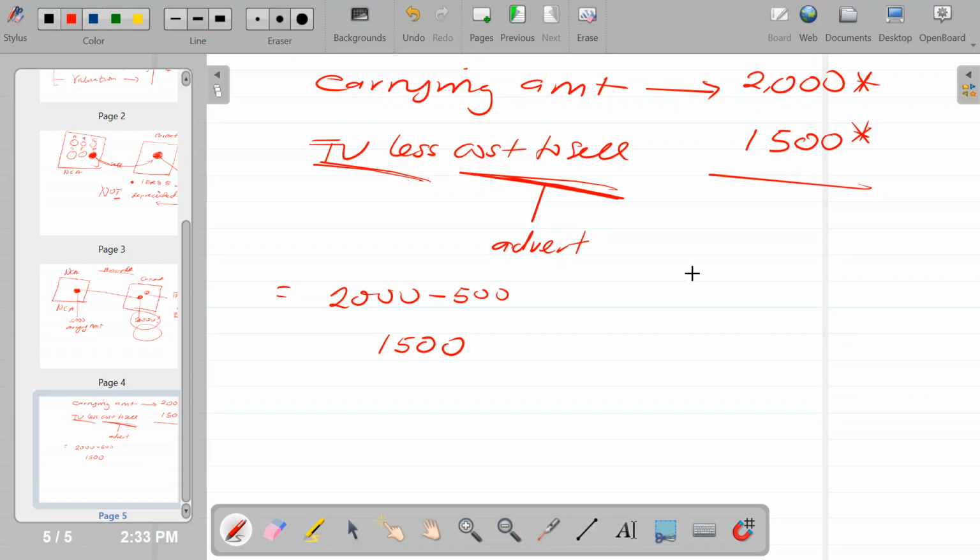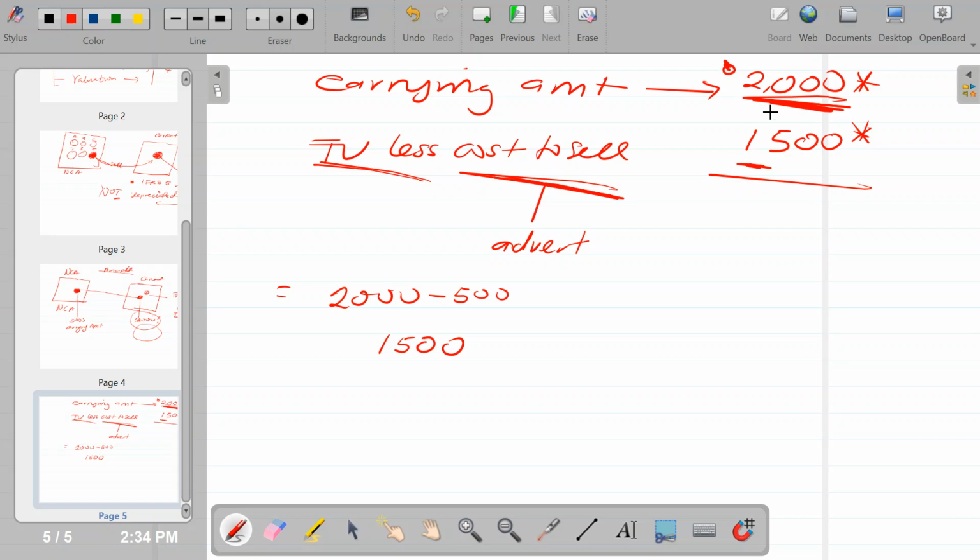Whether the value we are quoting is a correct value. Let's look at this. We are saying the carrying amount of this truck is 2,000. Fine, this is what is in our books. But the fair value less cost to sell is 1,500. It means when we sell it, we cannot get the 2,000 we have stated in our books.